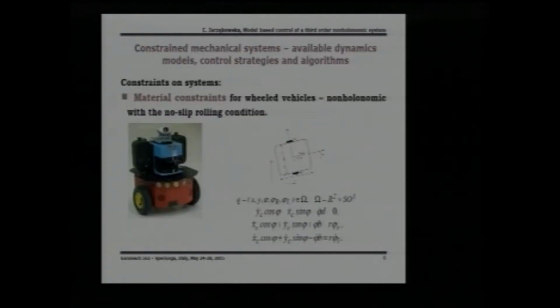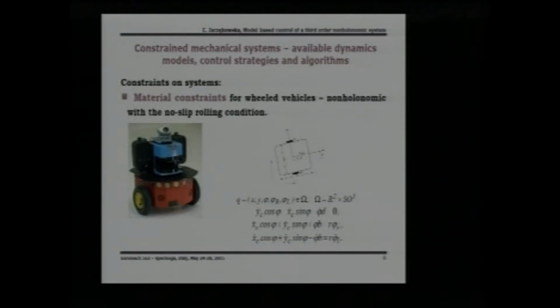So first, let me go through a couple of examples really fast, because I want to introduce you to the problem. We have constraints, for example, on wheeled vehicles. We assume that the wheels don't slip.